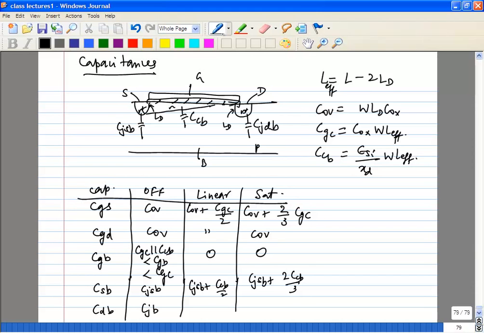Similarly, at the drain side, you have CJDB plus CCB over 2 in the linear region, and of course in saturation it goes back to CJDB, because you no longer have the channel on the drain side. And Cox is epsilon ox over Tox, the oxide capacitance.